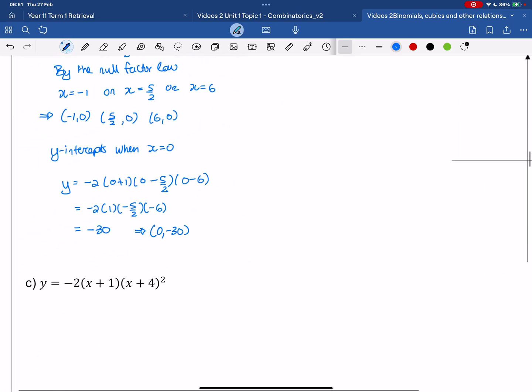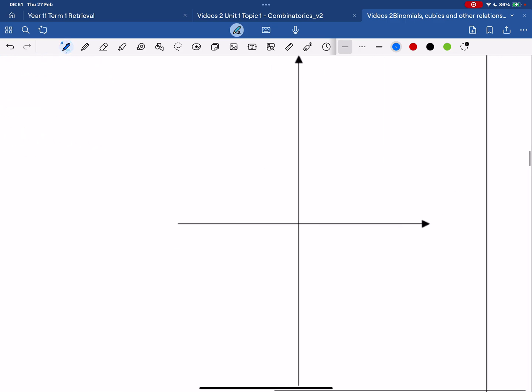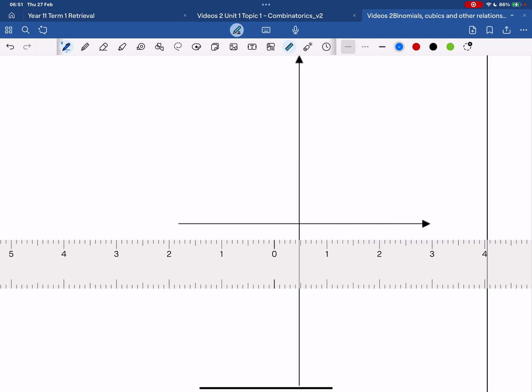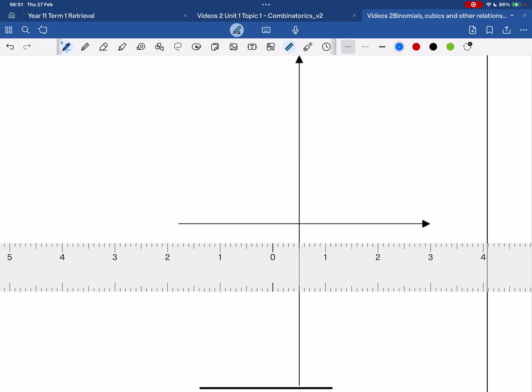All right, let's sketch it. Let's get a scale going here. We've got our x-intercepts between, what were they, negative 1, 5 on 2, which is 2.5, and 6. Okay, so maybe 2, 4, and 6, and negative 2, negative 4.